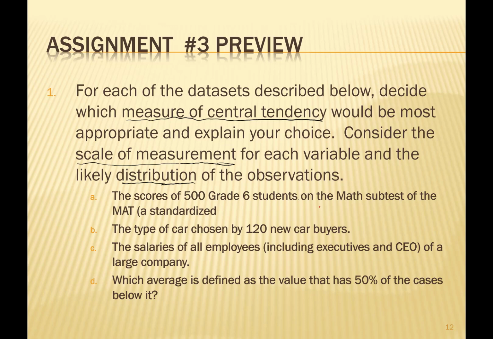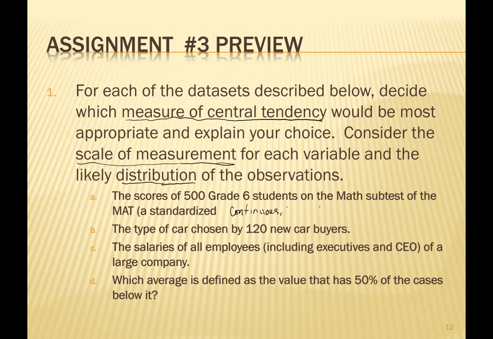In question A, it says the scores of 500 grade 6 students on a math subtest of an MAT, or standardized score. Whenever you have standardized scores, it's going to be numerical, not categorical, right? Or continuous. So it's continuous data, and more specifically, is this interval or ratio?